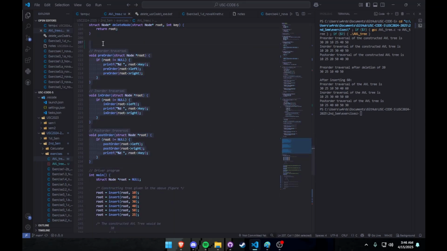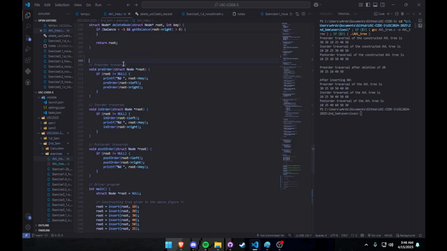Should I discuss this? A short description of this is, you know how pre-order is from root to left to right, in-order is from left to root to right, and post-order is from left, right, and then root. This just uses recursion to show where you are already.